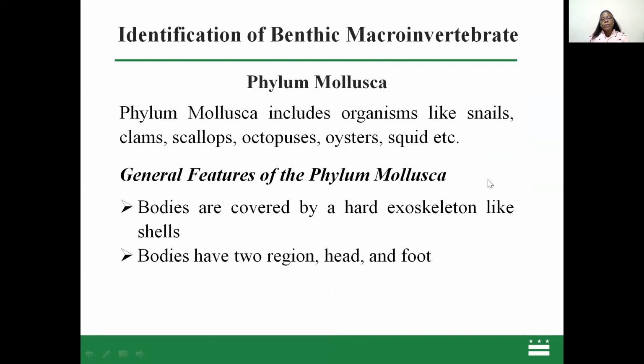The last phylum group is the Mollusca. They include snails, clams, scallops, octopus, oysters, squid, and so on. One general feature of this phylum is that their bodies are covered with a hard, exoskeleton-like shell.